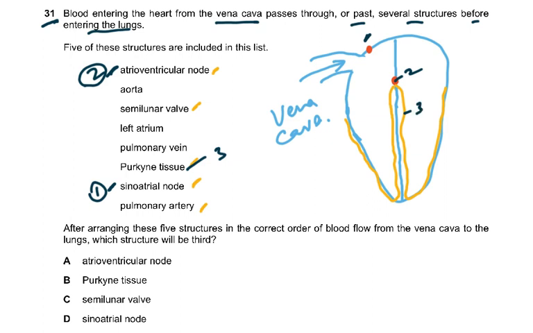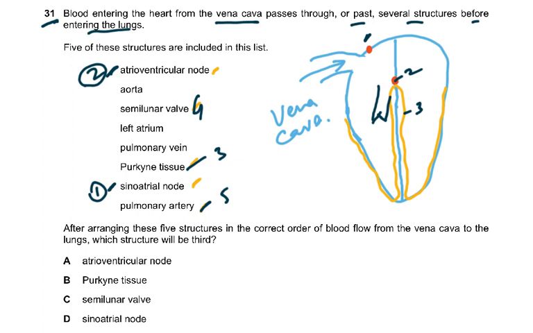Then number 4 would be the semilunar valve, and number 5 would be the pulmonary artery. So 5 of these structures are included in the list: SA node, AV node, Purkinje tissue, semilunar valve, which would be here when the pulmonary artery leaves, and then the pulmonary artery which carries blood to the lungs, because that's what it said.